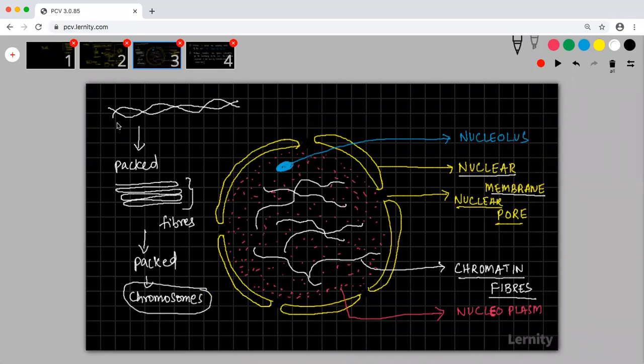So all these things are the same: the DNA, the chromatin fibers, and the chromosomes are all the same, but one is tightly packed, one is moderately packed, and the other is loosely packed. Are we able to understand? This is the point that I wanted to tell.